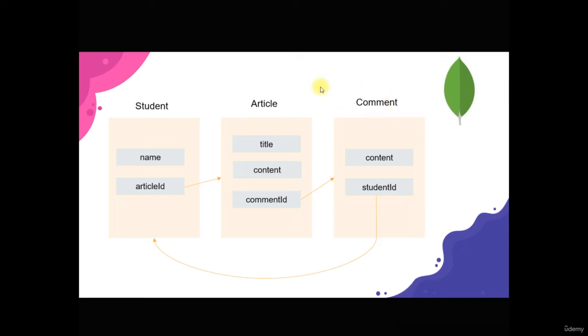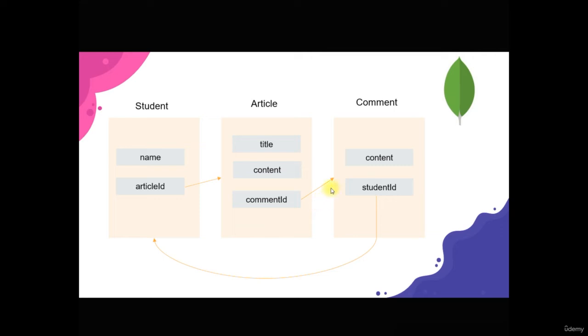So I think it's going to be much better than a nesting subdocument. So if we want to find the articles of a particular student, we just ask the article collection to give the IDs, which are inside of the article IDs property of a particular student. You follow? And there is a comment collection, so we can record the comments of a particular article on a property comment ID and record that on an article.